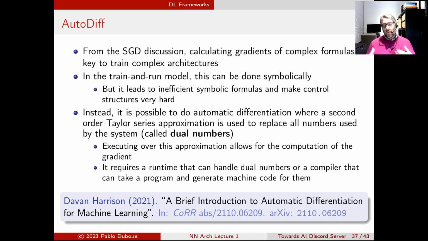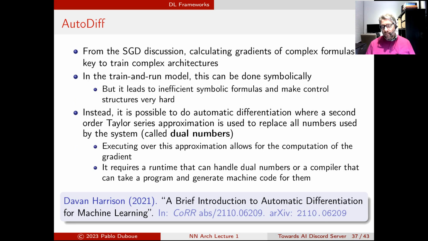However, if you compute things symbolically, you run into the problem that this is inefficient because the formulas get duplicated between different subtrees. So it requires quite a bit of intelligence in the symbolic computation to be efficient. And also, handling control structures, like loops or ifs, is very hard.